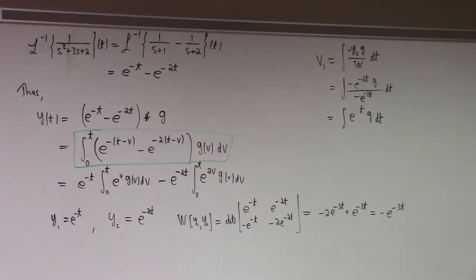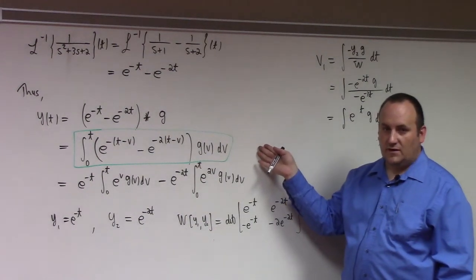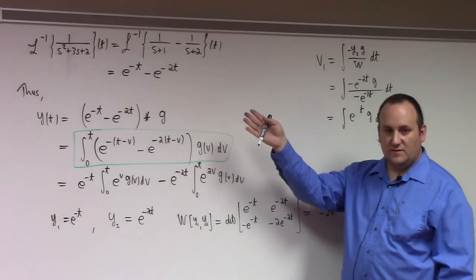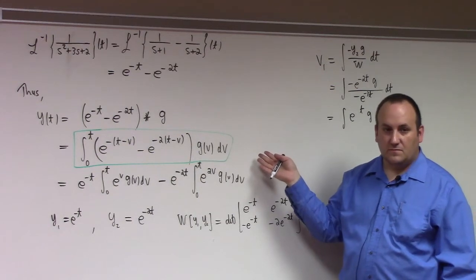Okay? But I think logically, once you're familiar with Laplace transforms and inverse Laplace transforms, convolution gets you to this integral formula much faster than variation of parameters. And also, this convolution idea, finding the solution for an arbitrary forcing function, is just as easy to do for a third order or fourth order problem.